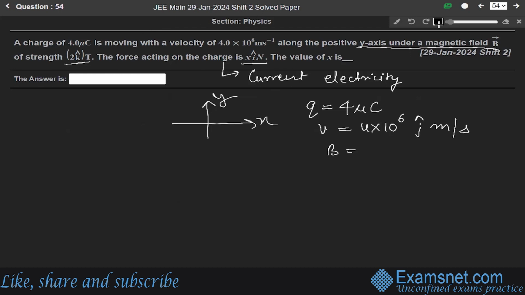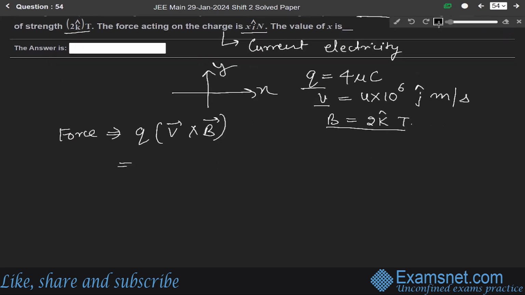And the magnetic field is 2 k cap T, and we know that the force acting on a charge having velocity v in magnetic field B is given as q v cross B. This is the famous Lorentz force formula. So it will be equal to Q, 4 into 10 to the power minus 6 coulomb, into V, which is 4 into 10 to the power 6 j cap, into B, which is 2 k cap.